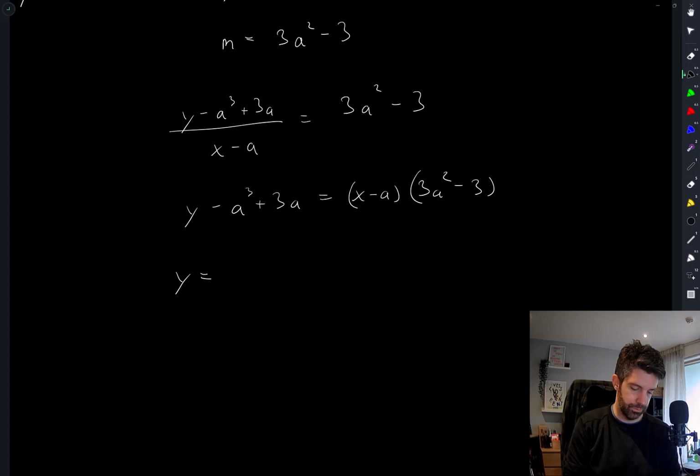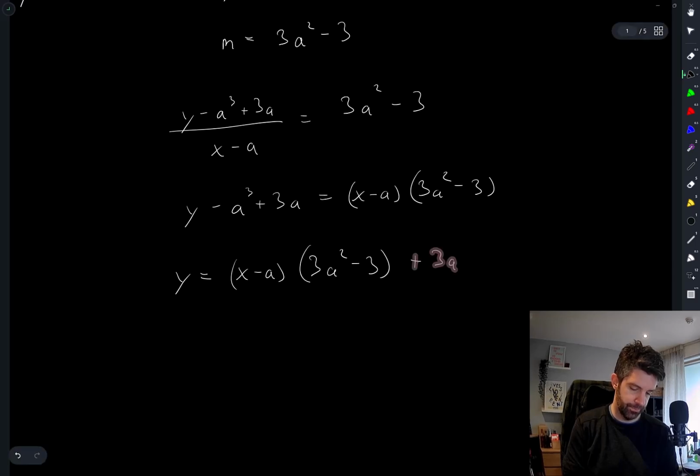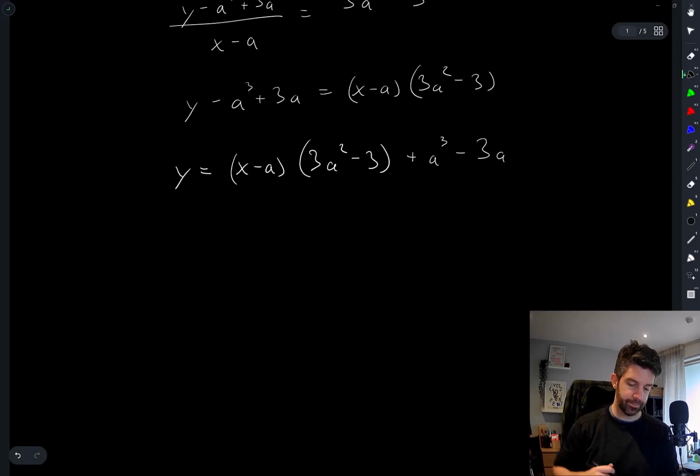y is equal to (x minus a)(3a squared minus 3) plus a cubed minus 3a. And so we want this line to pass through (2, 0).